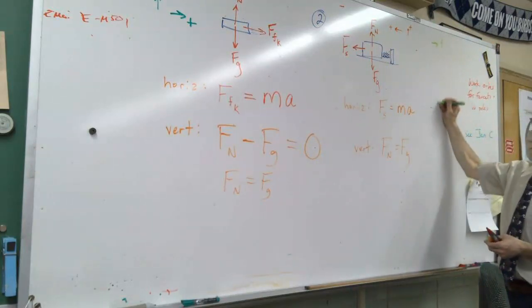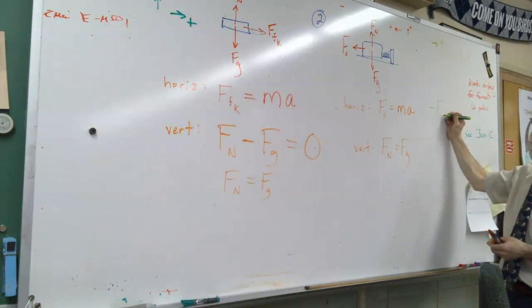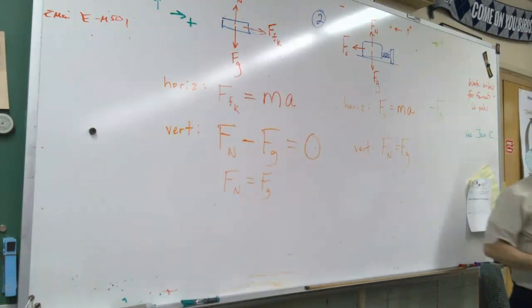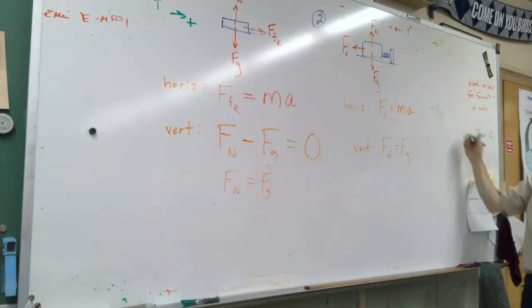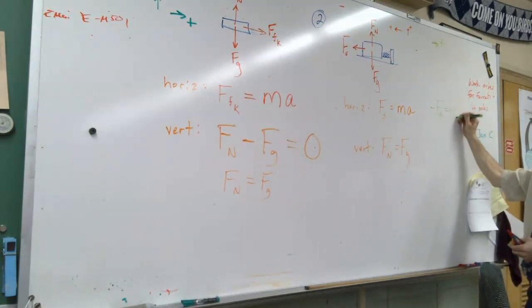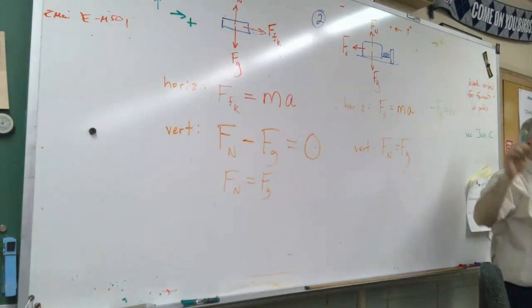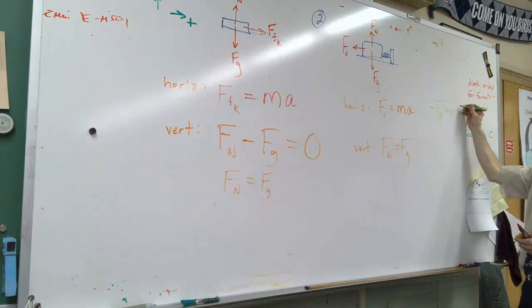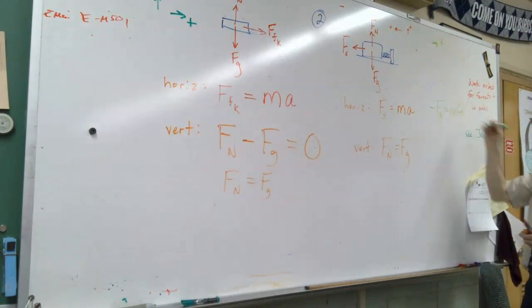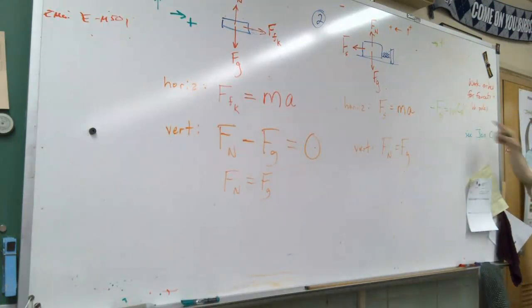So you would have to write negative Fs, it's like 0 minus this, equals m, but then because you know your acceleration is that way, you have to put a negative on your acceleration. That's what people will forget. Then they just cancel out, and you get to the same place anyway.